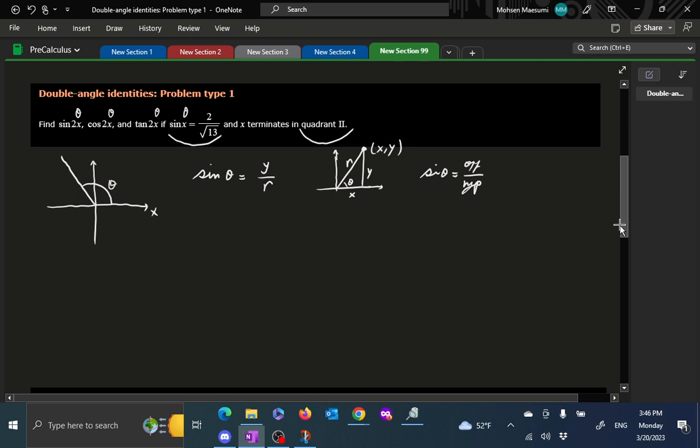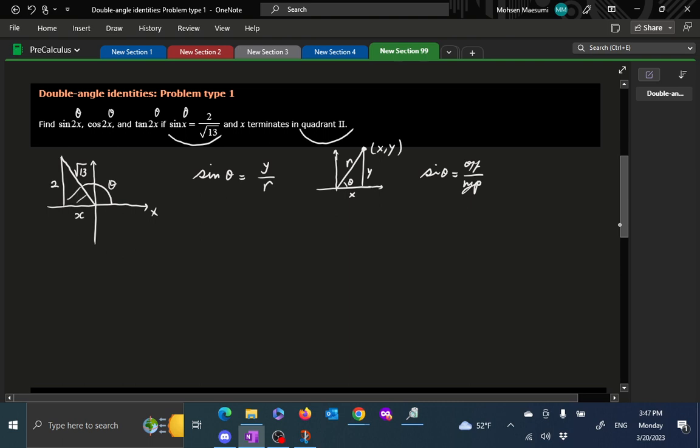After all of that, if sine of theta is y over r, the easiest thing to do is to assume that y is 2 and r is square root of 13. It's one of the possibilities, and it's just as easy as anything else for us. So I take this to be 2 and hypotenuse to be radical 13. What is left is to figure out x.